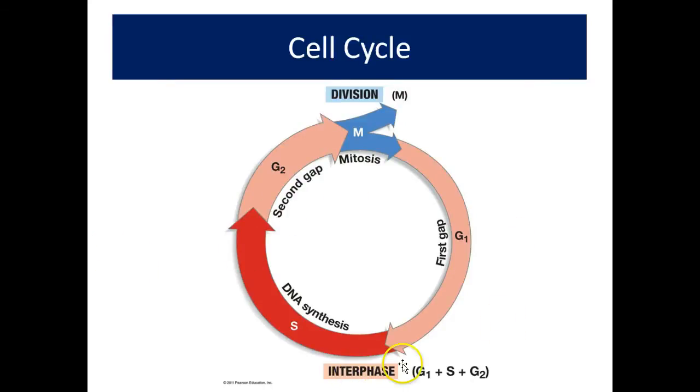We have cells that start off in what's called the first gap phase. In this first gap phase, the cell is largely undergoing general function. Proteins are being produced, and that cell is responding to the demands of the organism by producing proteins that allow an organism to react or have a particular trait.